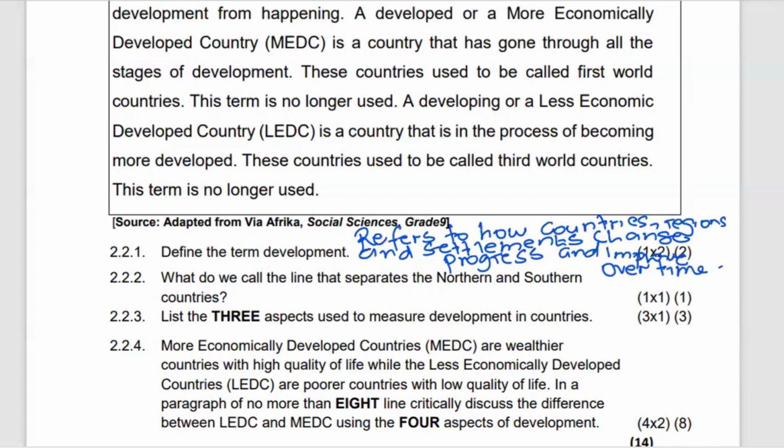Okay. Then what do we call the line that separates the north and southern countries?